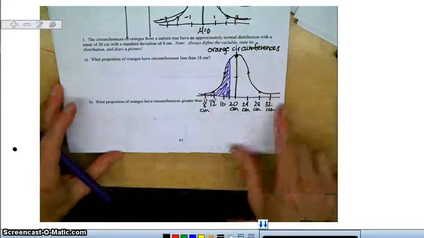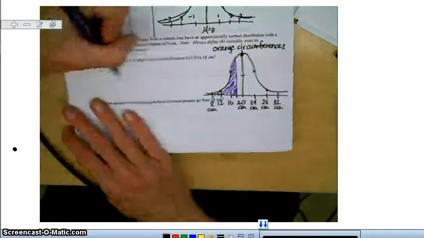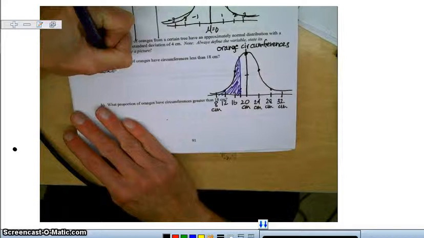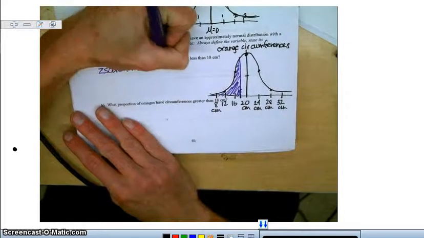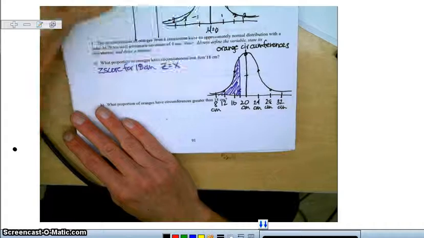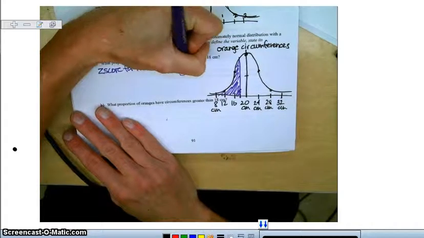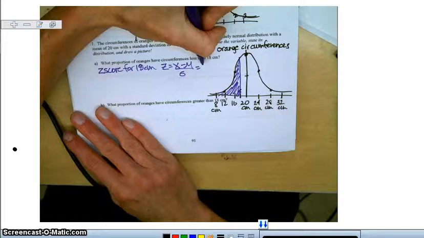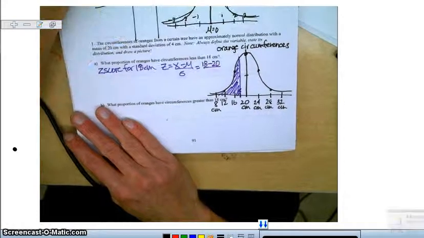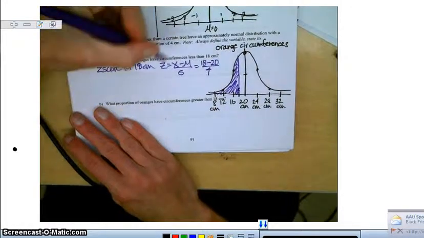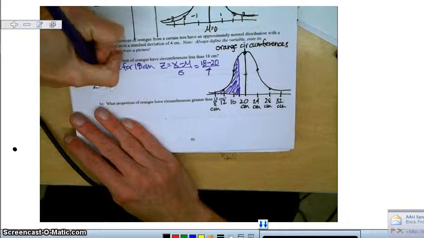Well, that's not right on a tick, so I'm going to find the z-score for 18 centimeters. So the z-score will be x, my observed, minus my mean, divided by the standard deviation. So my x was 18, the mean is 20, the standard deviation is 4. So if I divide those, I get a z-score of negative 0.5.